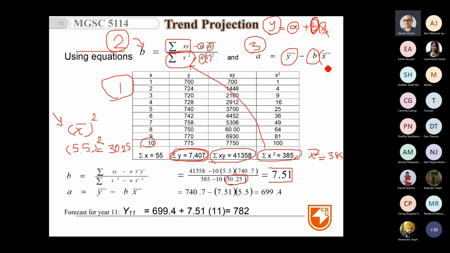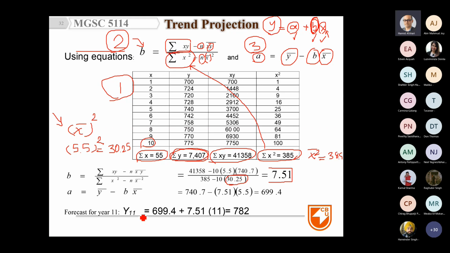Do I have X bar? Yes, I have it. That's the number that I got. So this way I can calculate A as well. So I could calculate A, I could calculate B, and I know the value of X. Can I calculate Y? Easily I can do that.